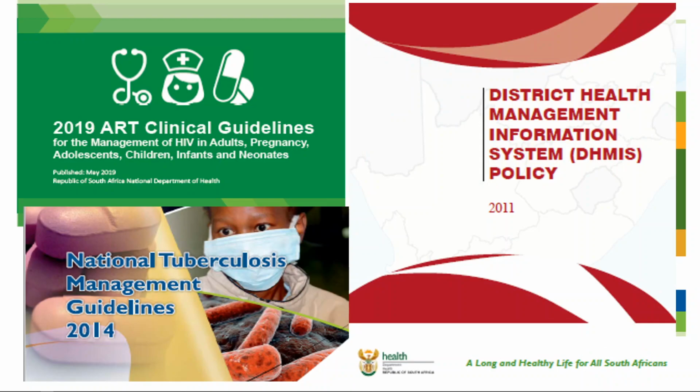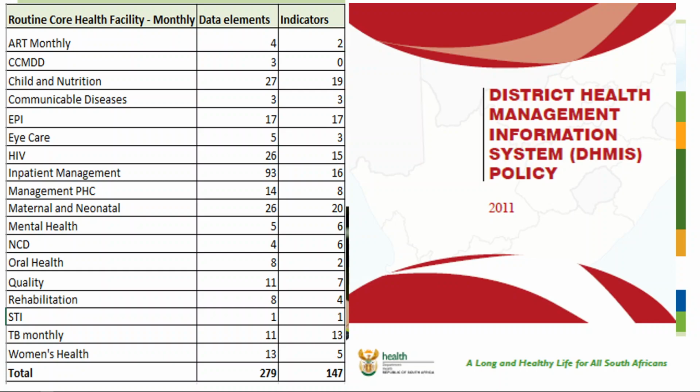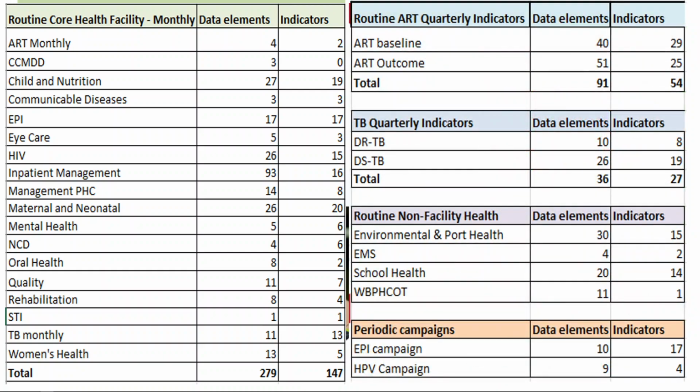The District Health Information System was developed to assist facilities or even the country to measure the implementation of policies. This health information system has data elements that are reported on a monthly basis in line with the activities that are done for healthcare rendering in healthcare facilities. Some of the data elements are reported on a monthly basis and some on a quarterly basis.